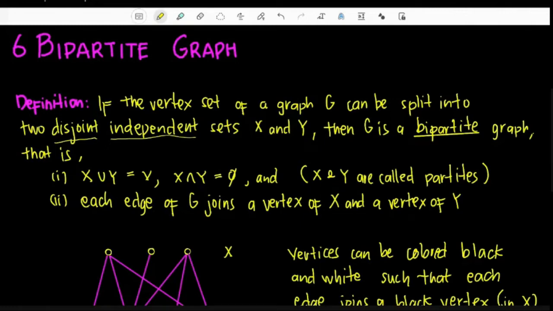So every edge has endpoints, one coming from X and one coming from Y.